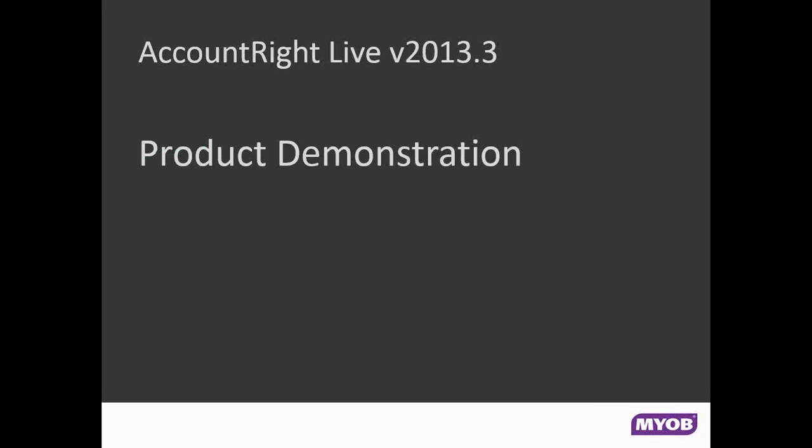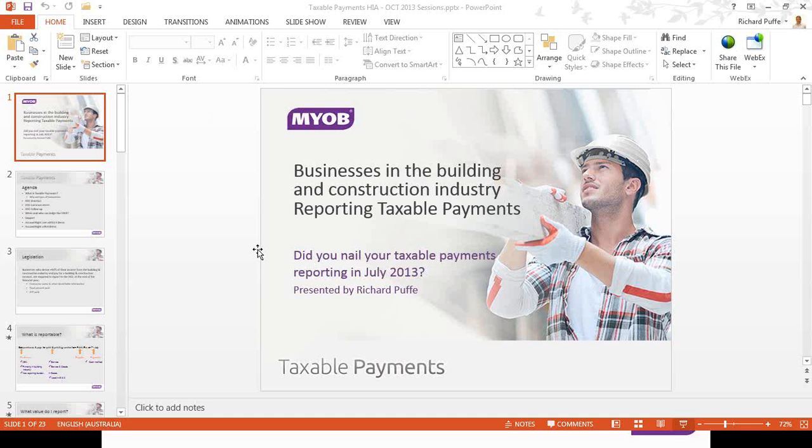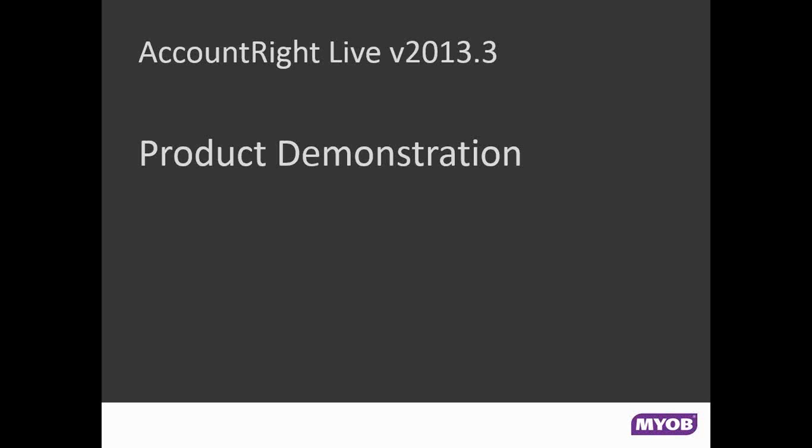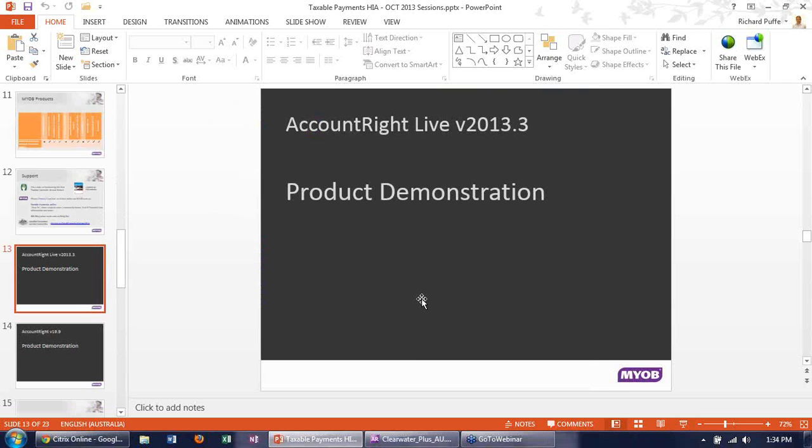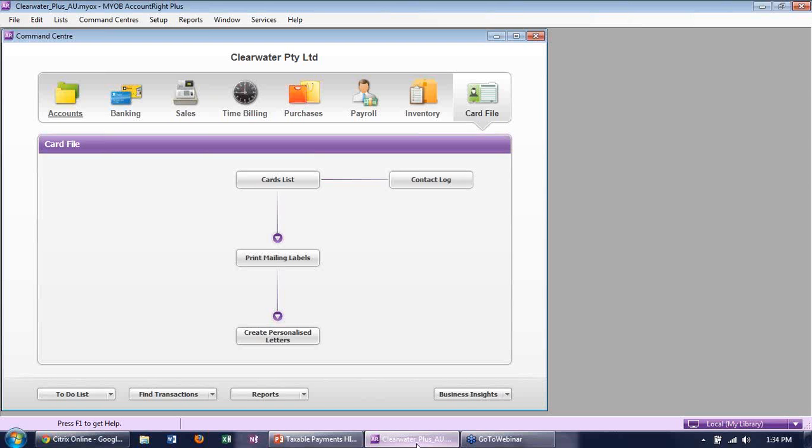Okay, what we'll do now is we will just do a quick product demonstration of Account Right 2004, actually, not 2003. I just upgraded mine. We're about to release the latest version 2004 in the next few weeks, so I've got a beta version of that, and you can see that on the screen now.